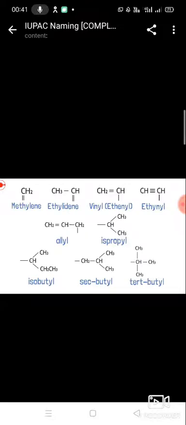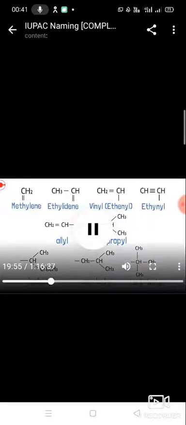So here this is methylene, ethylidene, vinyl, ethynyl. Look at this first example, methylene. When the attached group is present with a double bond to the main chain, then we say it is a methylene.